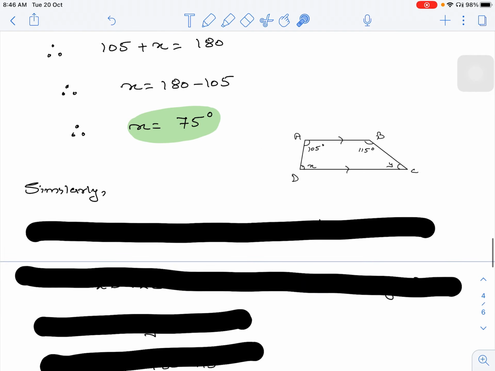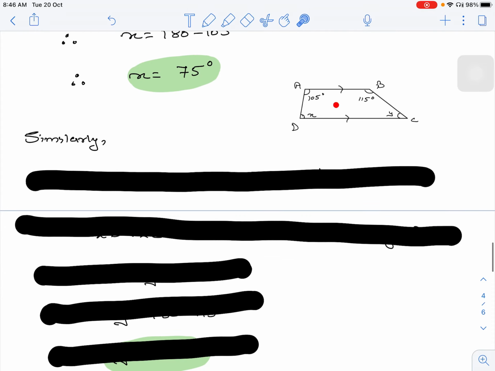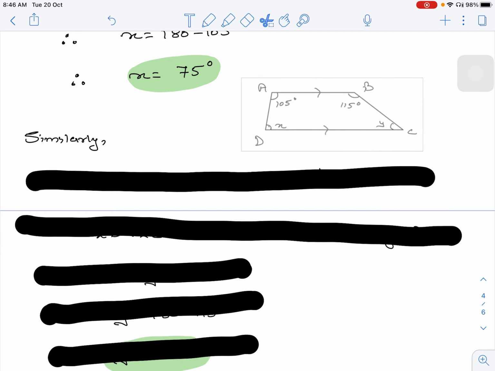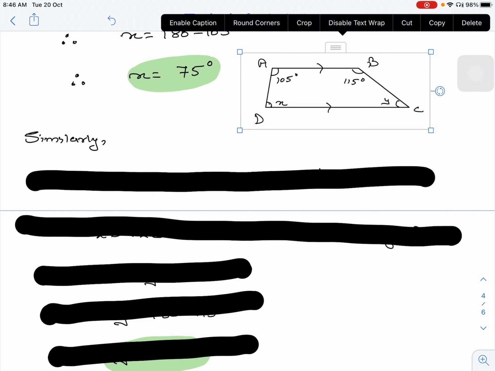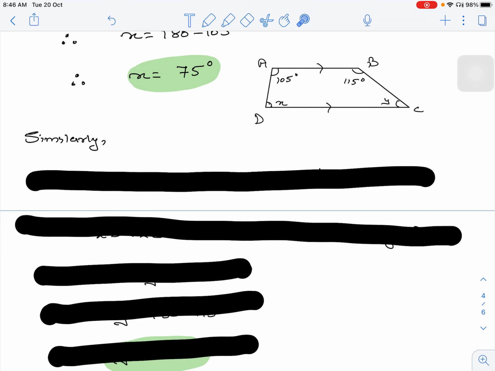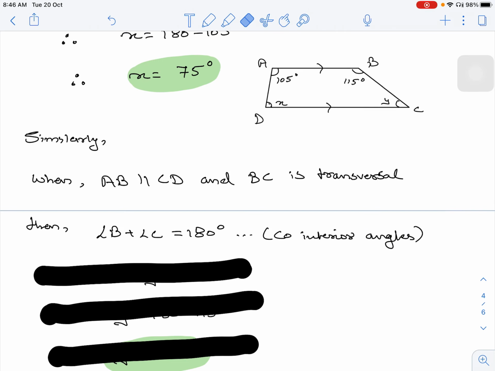Now, similarly, we have to find the value of Y. Okay. So we have the same figure copied over here. I'm just making it B. So now we have to find the value of this Y also. So same condition, AB is parallel to DC, and this time who will be the transversal? BC will be the transversal. Okay. So now when BC is the transversal, we can say that angle B plus angle C will be equal to 180 degrees, and the reason will be co-interior angles.